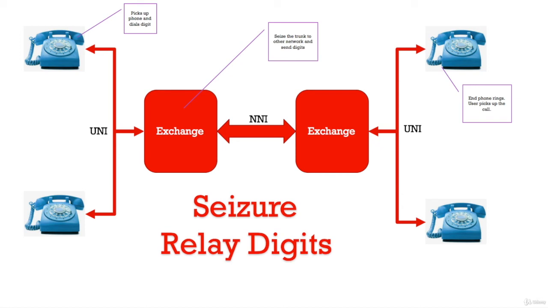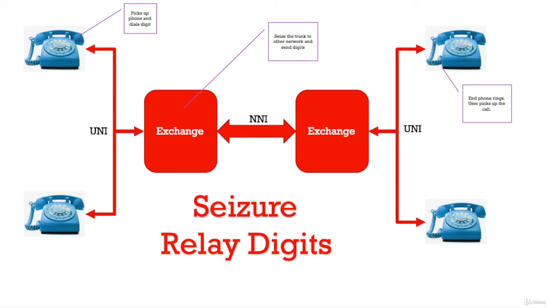So what is the common procedure? The user picks up the phone and dials the digits. Those digits are sent to their exchange, and from that exchange the dialed digits are analyzed and routed to the correct end party exchange, the exchange belonging to the B party.